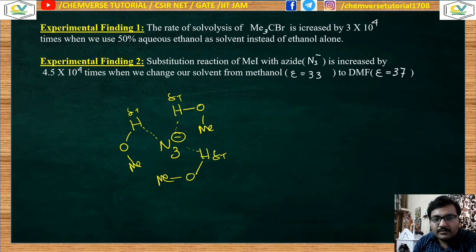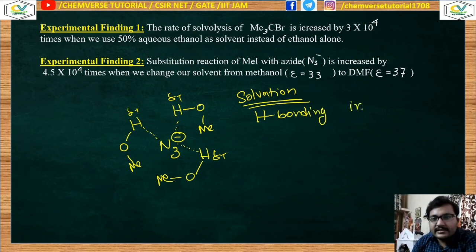Over here nitrogen is present and hydrogen is bonded with oxygen. So this solvation is a very stabilizing interaction due to hydrogen bonding. You can think that it's nothing but one kind of ion dipole interaction.